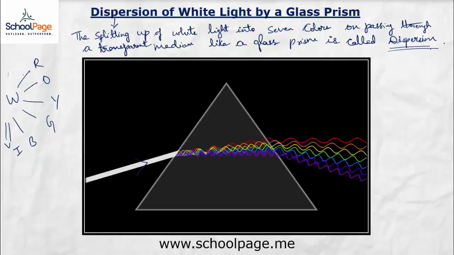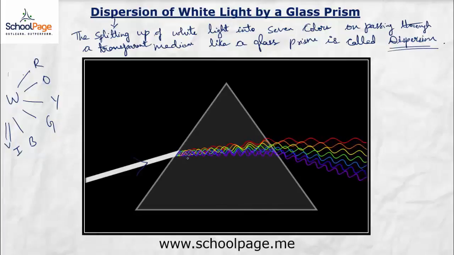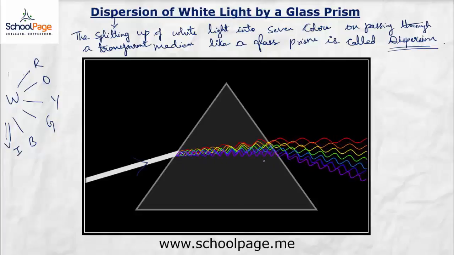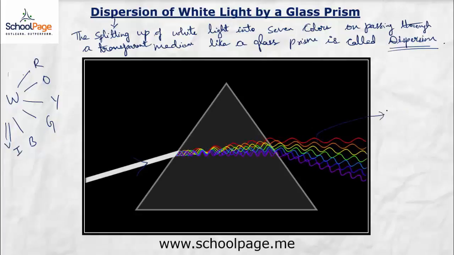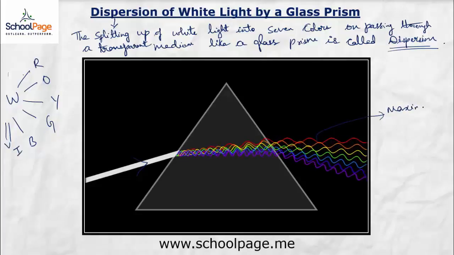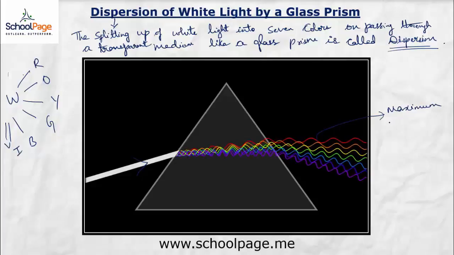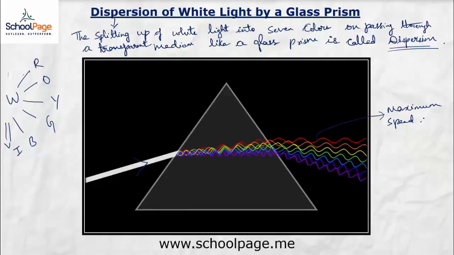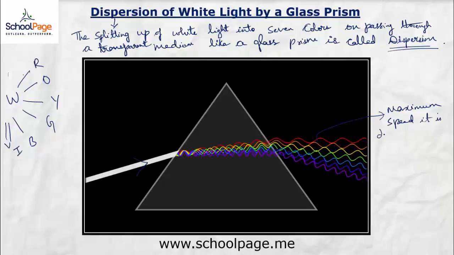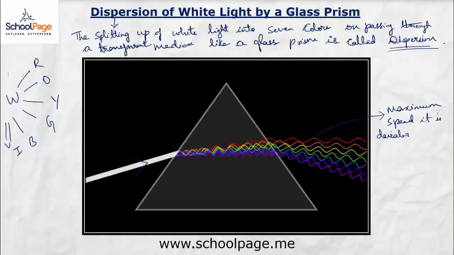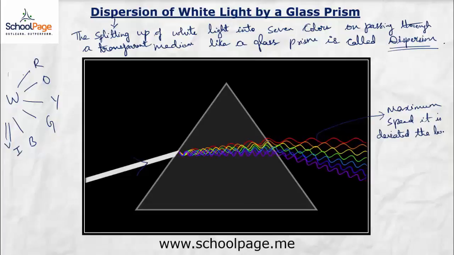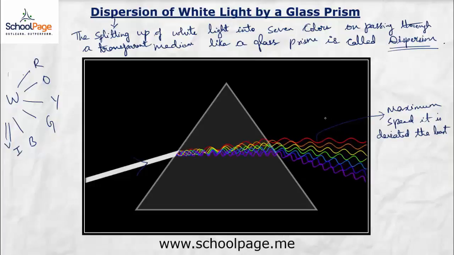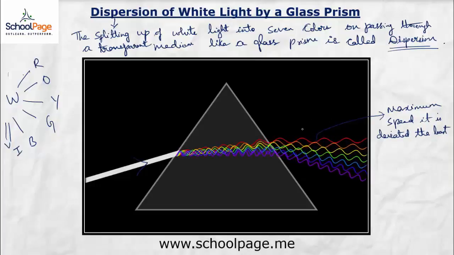Dispersion of white light occurs because the colors of white light travel at different speeds through the glass prism. Since the red color has the maximum speed in the glass prism, it is deviated the least. Due to this, the red color forms the upper part of the spectrum.